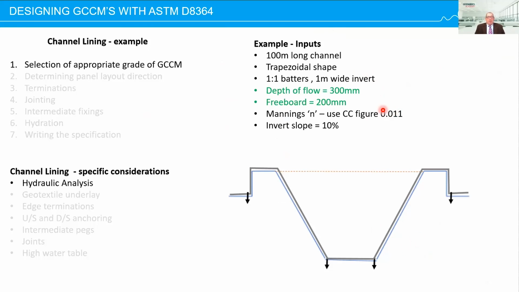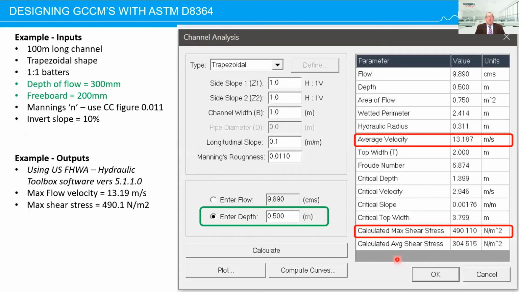This is not drawn to scale. The depth of flow was 300 millimeters. The freeboard up and over that maximum depth of flow was 200 millimeters. The Manning's n we used was from testing data that Concrete Canvas had done over in Austin, Texas. And the slope of the invert for this project was 10%. I get all this data and I like to check the hydraulic situation of the project to see what we're up against.